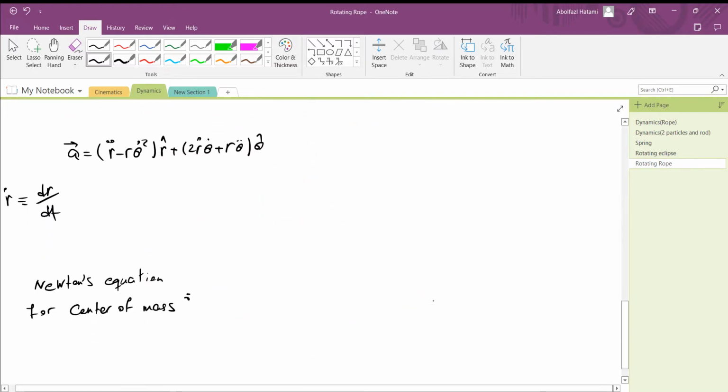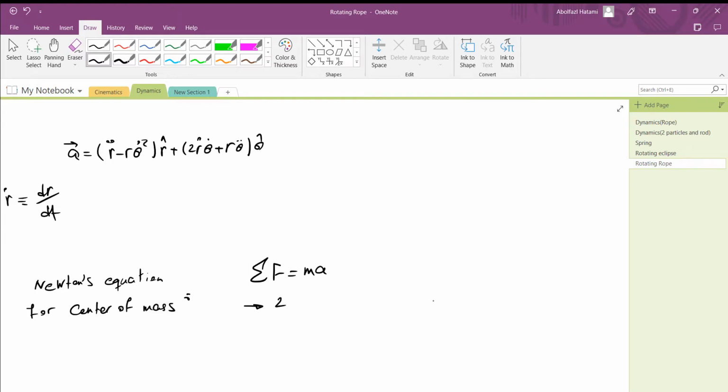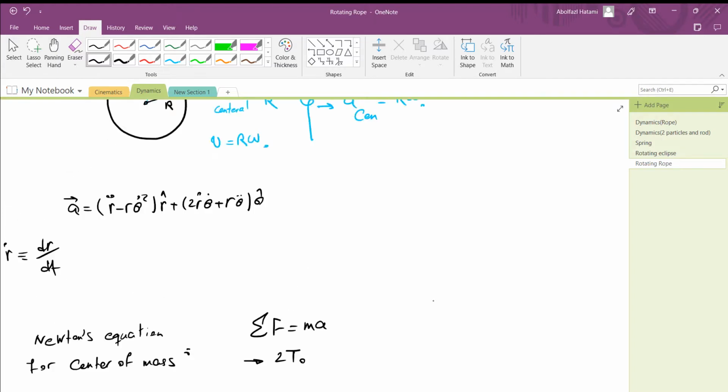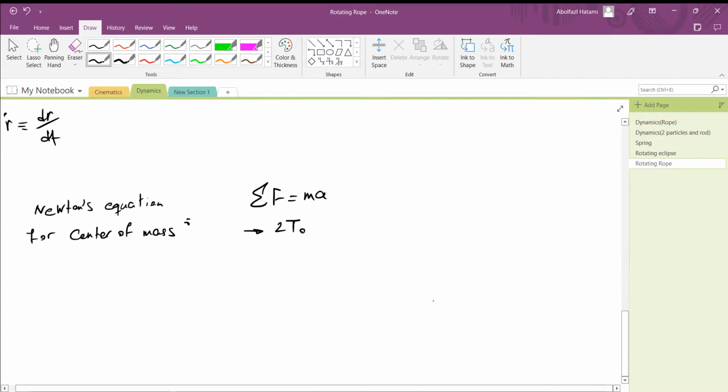So we know that sigma F is going to be ma. We just have the central acceleration, so we have 2 T0 sine theta 0 equal to m, the mass of the whole rope, that is the center of mass, times a, which is r cm omega to the power 2.